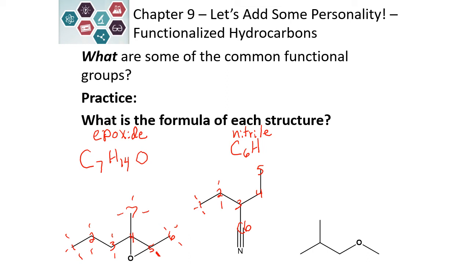The third already has 3 bonds drawn, so we just need 1 off of that one. 4 we need 2, because there's 2 bonds drawn. 5 we need 3. If we look at that 6th carbon, it has a triple bond and a single bond, and so that already has 4 bonds, no additional hydrogen there. Now if we count up our hydrogen, we find that there's 11.